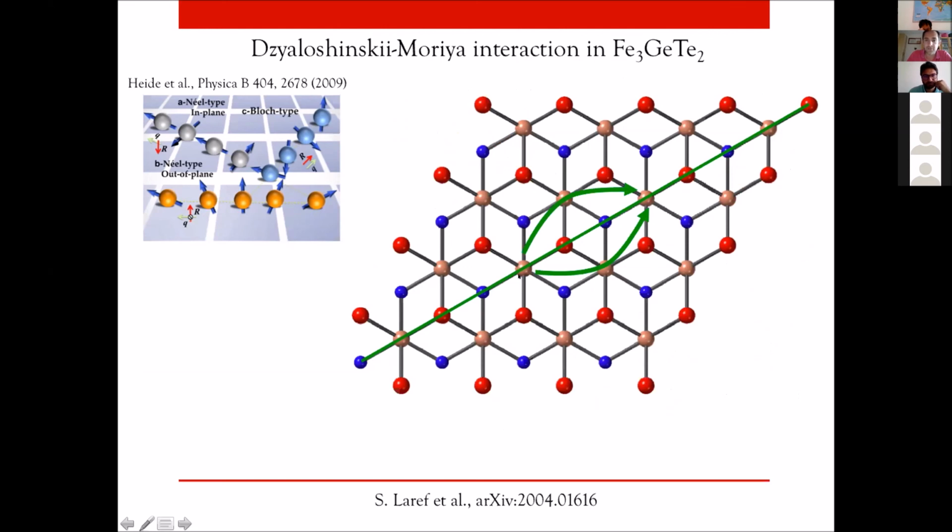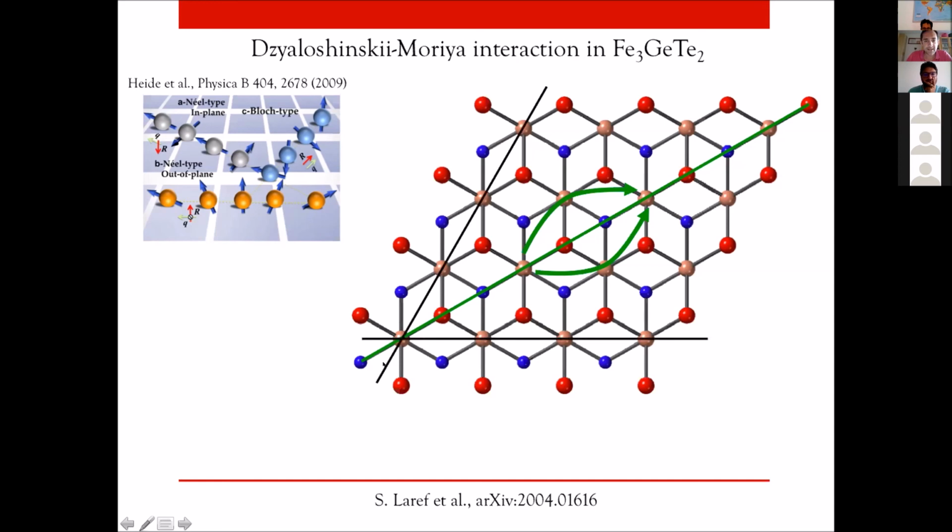If you jump from this iron atom to this one here, the chemical environment across this path is exactly the same as if you go counterclockwise. So the clockwise and counterclockwise paths compensate each other. There is no Dzyaloshinskii-Moriya. Everything is fine. So there cannot be any Dzyaloshinskii-Moriya for a spin spiral along this direction.